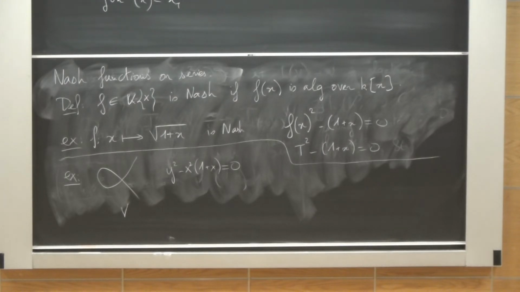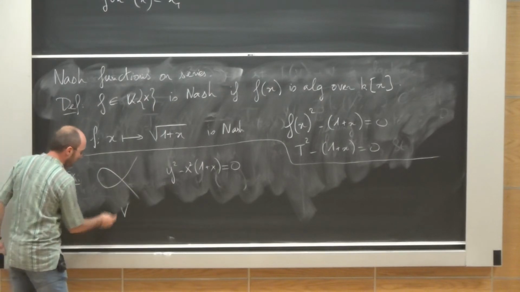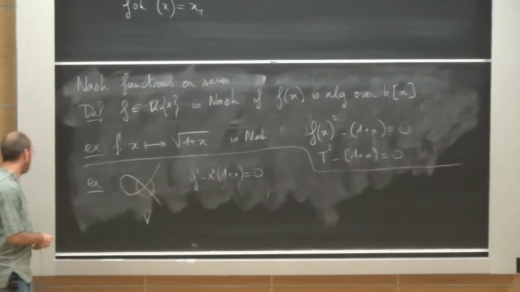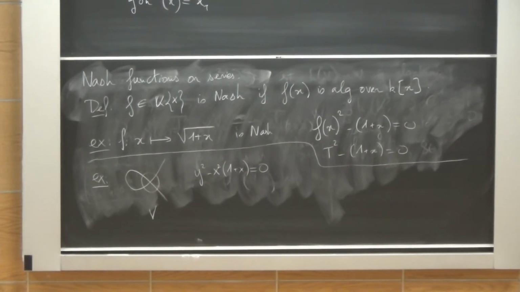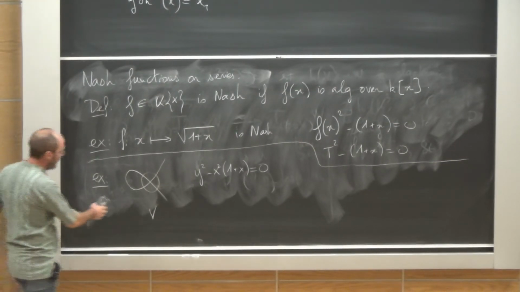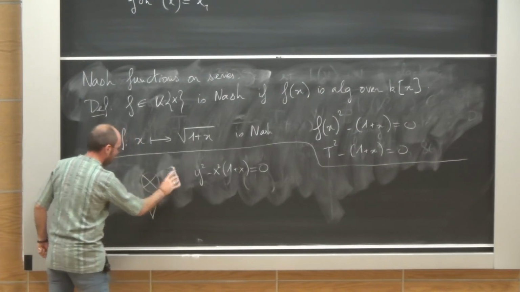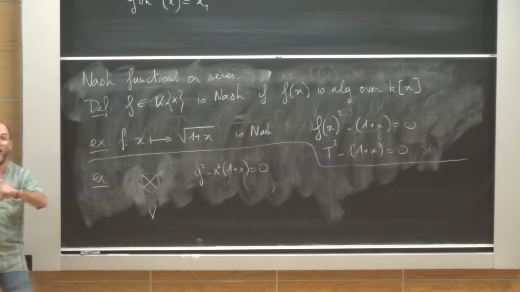But now, if I look locally around the origin, I pick a small neighborhood of the origin, and I don't know what happens away from this, so I erase everything. I see two lines crossing like this. And these two lines give you a set which is reducible.